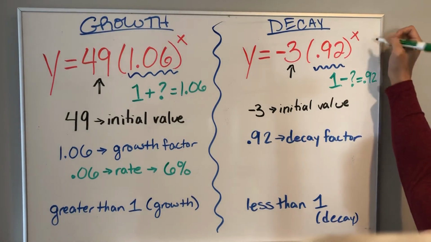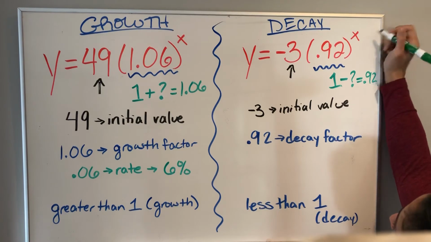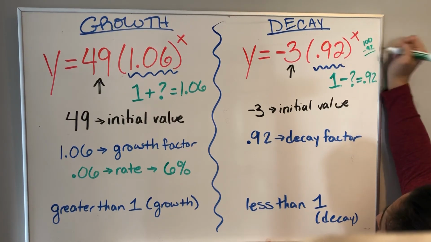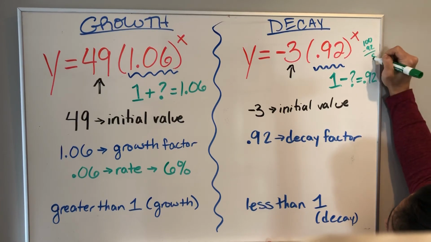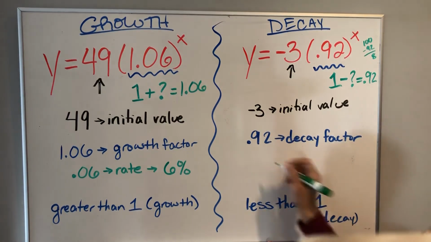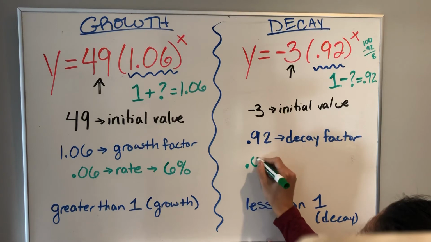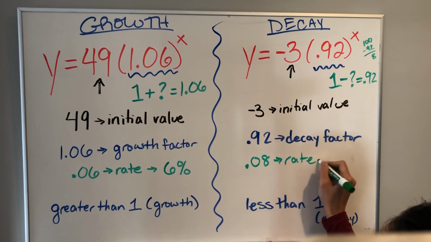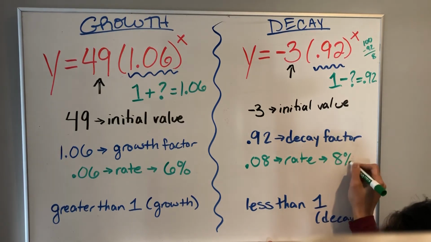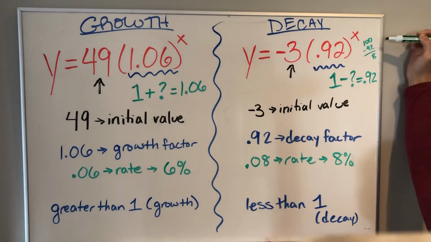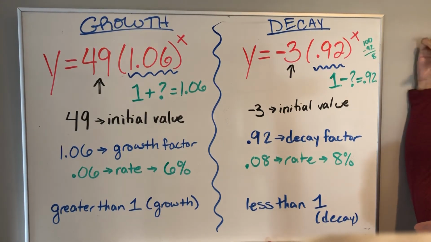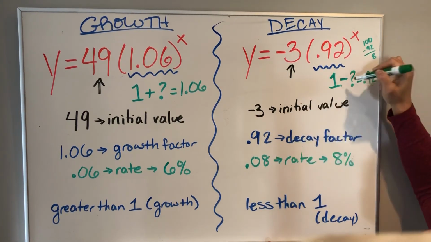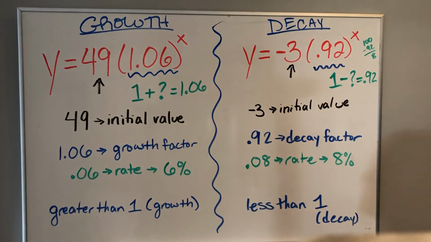Okay, another way you can think about it is just doing 100 minus 92. And that would give us 8. So our rate is 0.08, and our percent is just 8%. I know it's 8% because I just did 100 minus 92, right? And that would be the same thing here. 1 minus 0.08 would equal 0.92.